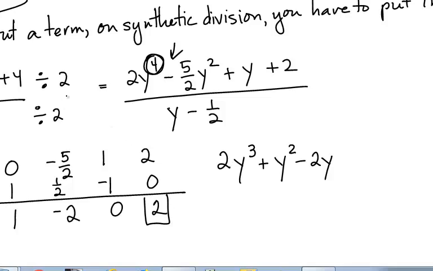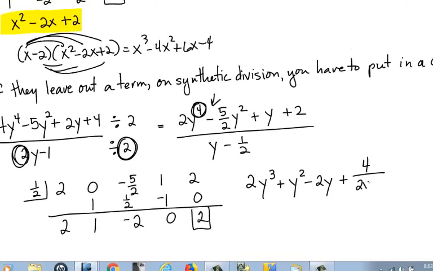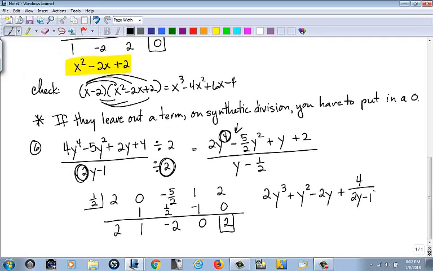This is not actually the remainder, because you have to go back and multiply it by the number you divided by. So 2 times 2 would be 4, so we put a plus sign and put 4 over the divisor, 2y minus 1. And that is our final answer. So the main thing on synthetic division is that you have to put in the 0 terms when you divide that out. Okay, that's it.